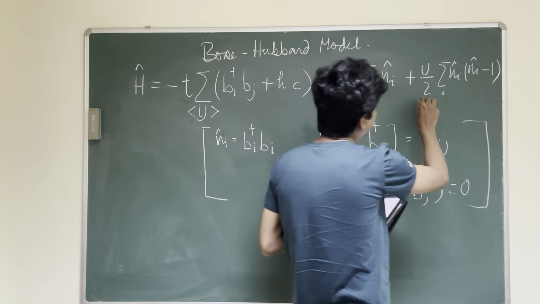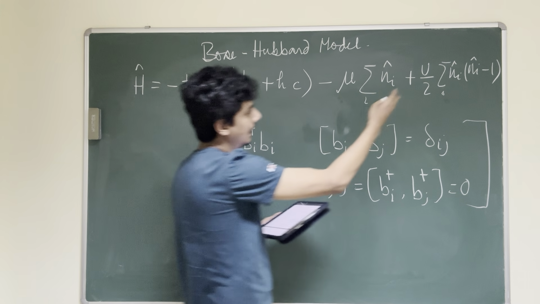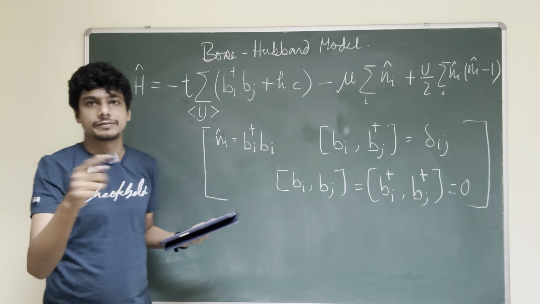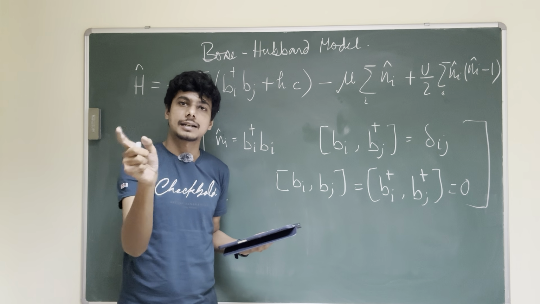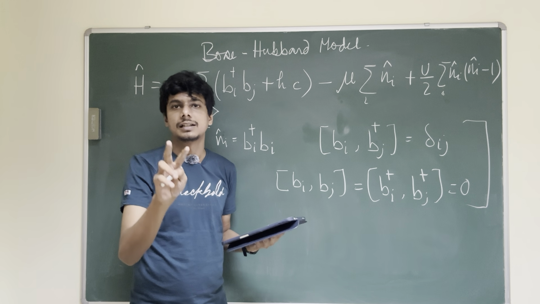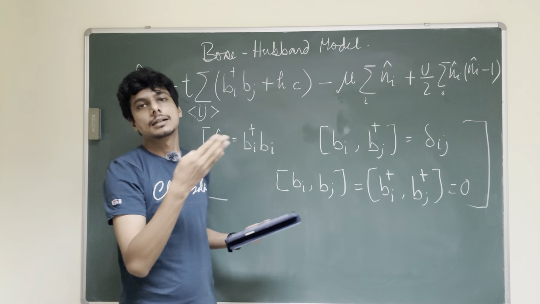And this U/2, which necessarily comes from the combination: if the particle interacts with the other particles, and the interaction is specifically between two particles, then it is n choose 2, the combination.